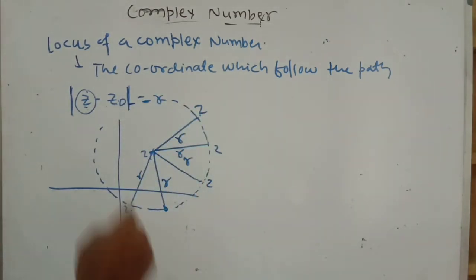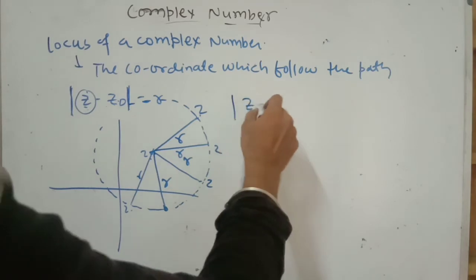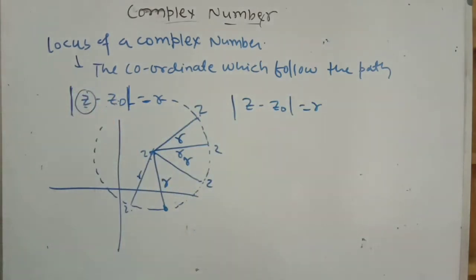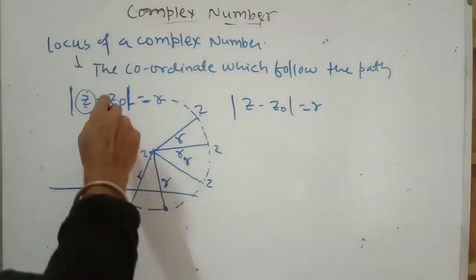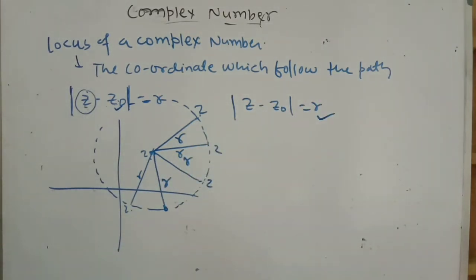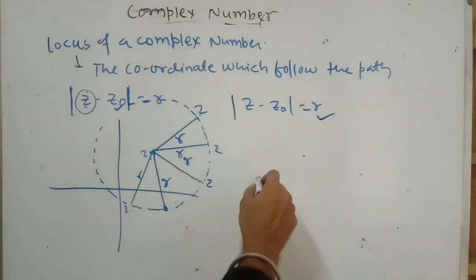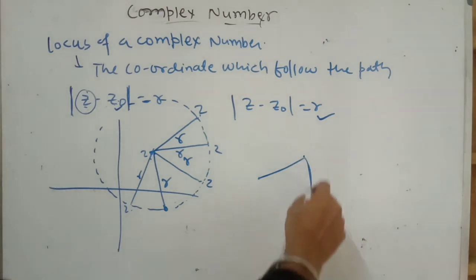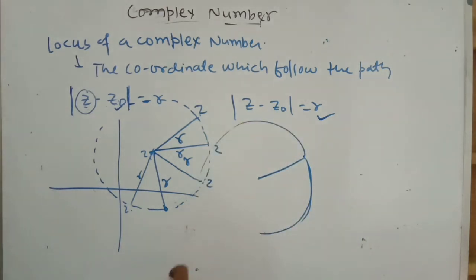That means from here you can say modulus of z minus z naught equals R. That means z moves on a path where its distance from z naught is constant. That distance is called R. We know the definition of a circle: any point moving at a fixed distance from a fixed point makes a circle.